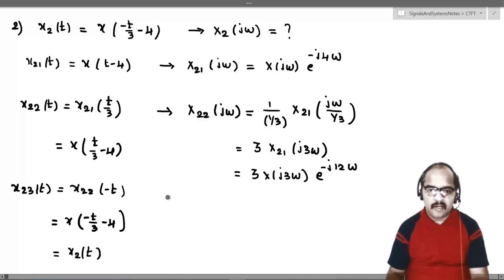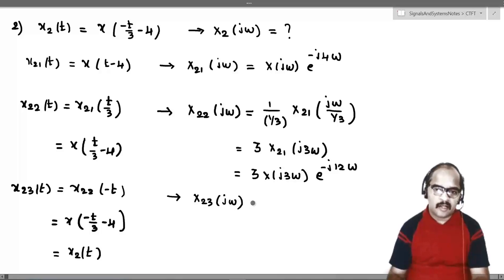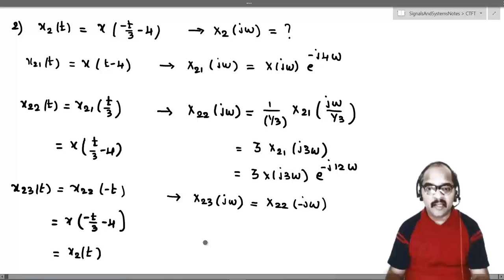Okay, so let us write down what is the Fourier transform of x23 of t. Correct. So what is x23 of t's Fourier transform? That should be x23 of j omega, but x23 of t is nothing but x22 of minus t. So this fellow should have x22 of minus omega as the Fourier transform by the time reversal property. So this should be equal to how much here? x22 of j omega is this. Wherever there is omega, replace with minus omega.